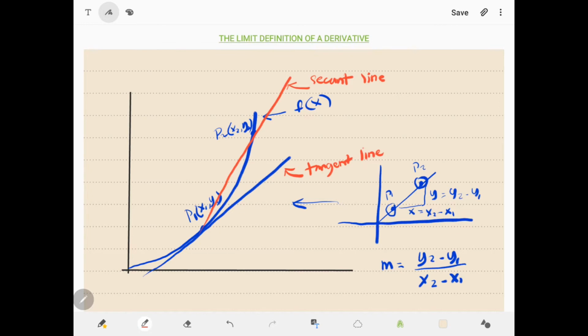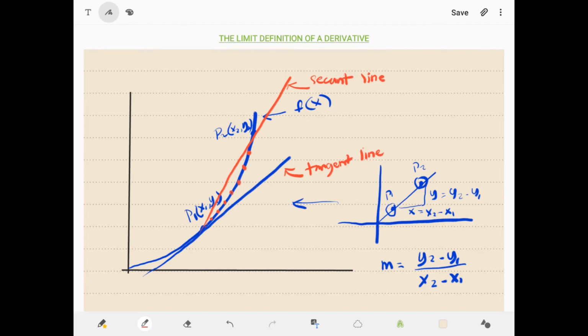So what if P2 goes near to P1, so that the distance is very near, that you can almost not see the distance between 2 points.